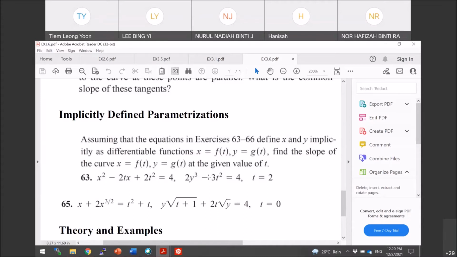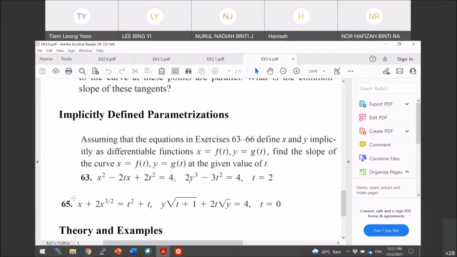Let me see if I understand this correctly. Then you have y square root of t plus 2t square root of y equals 4, and you're supposed to do this at t equals 0. So assuming the equations define x and y implicitly as differentiable functions, find the slope of the curve at the given value of t.